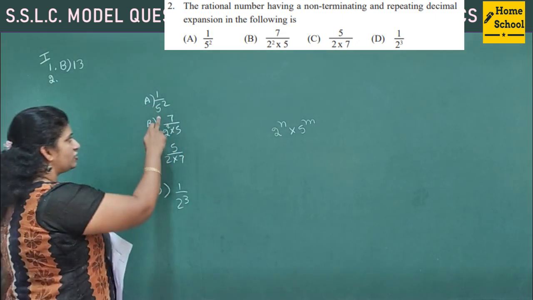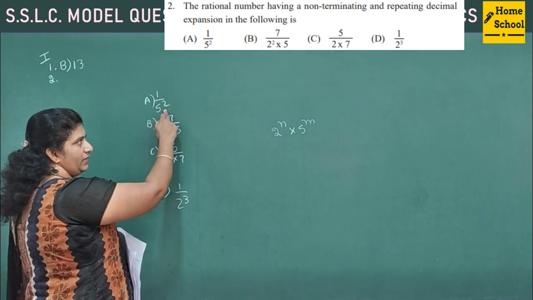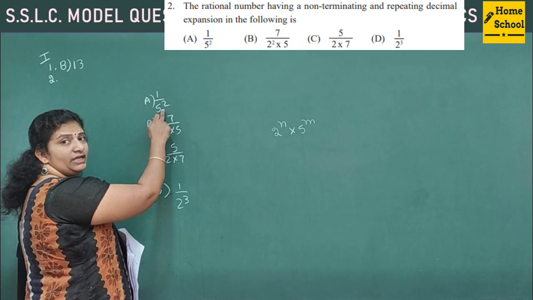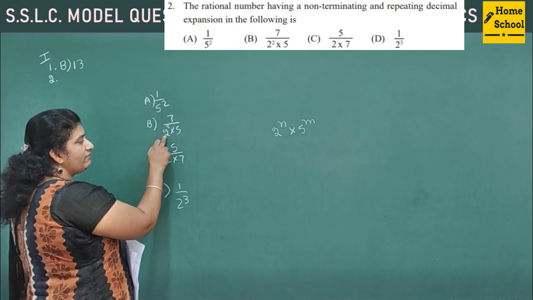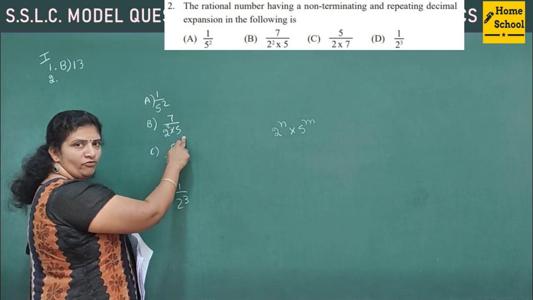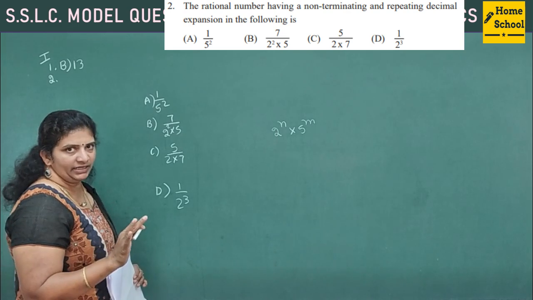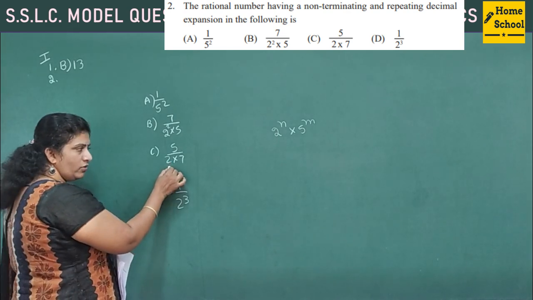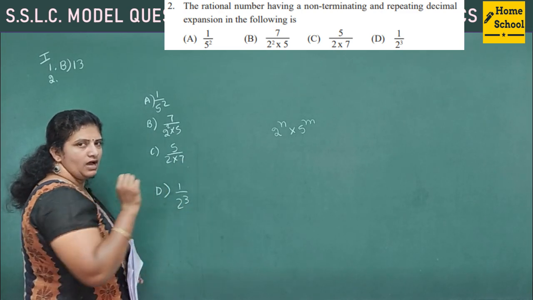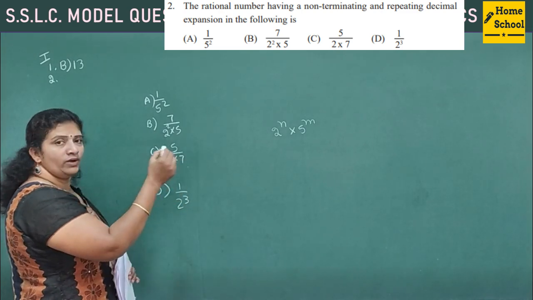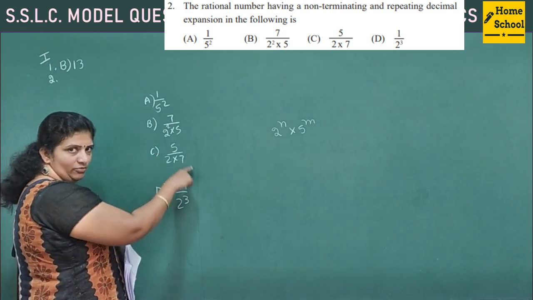So observe first option, 5 square means it is in the form of 5 power m. So this is a terminating decimal. Then coming to this rational number, you are having 2 power n and 5 power m format. So I can say this rational number is also a terminating decimal. And look over C, denominator 2 into 7. Observe children, other than 2 and 5, if you see any number, either it should cancel with the numerator.